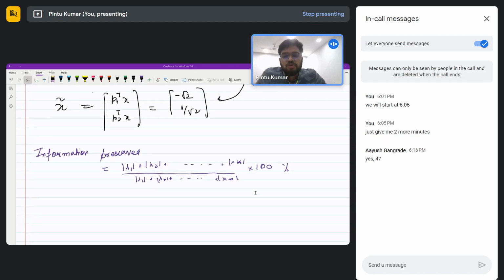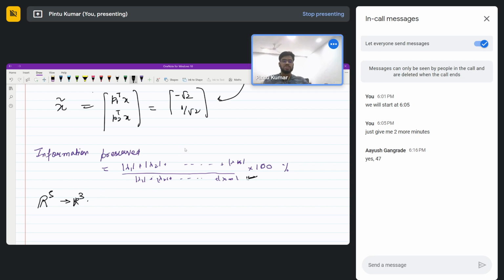So yeah, there is one more thing. From the beginning we have been saying that if we use PCA, we try to preserve as much information as we can. But if we have to quantify how much information we have preserved, that can be given by this formula. Let's say you are reducing from R5 to R3.